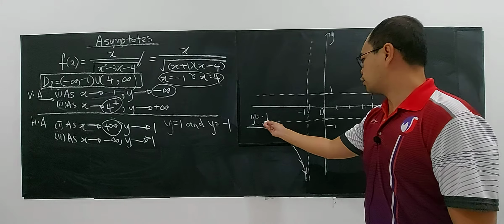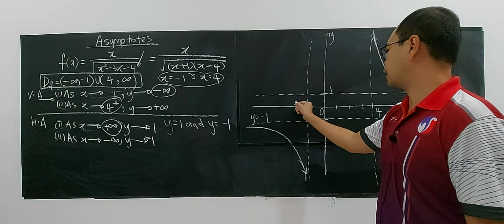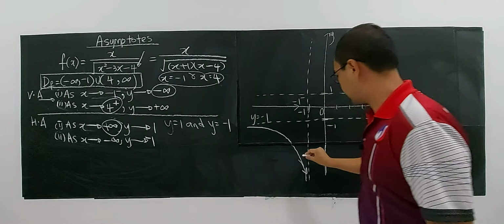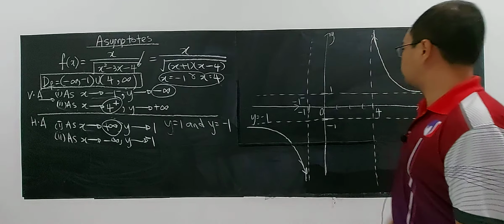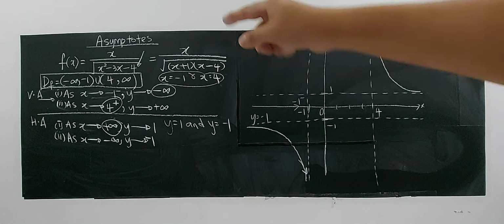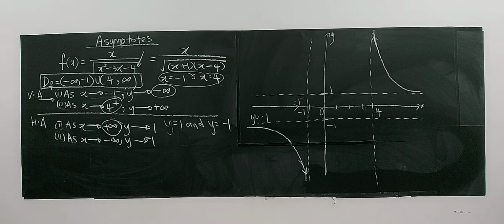But when it approaches negative 1 from the left, you are getting negative infinity, right? So this will be the graph for this function. It's a very detailed video for you, so I hope you really love it.